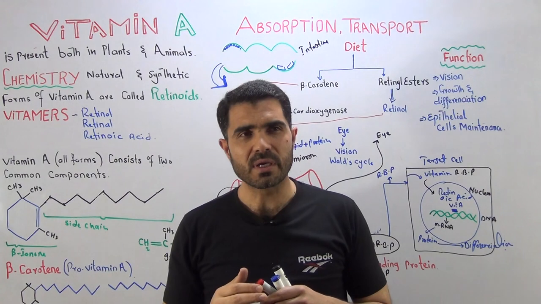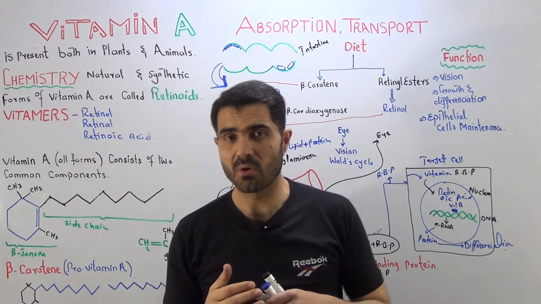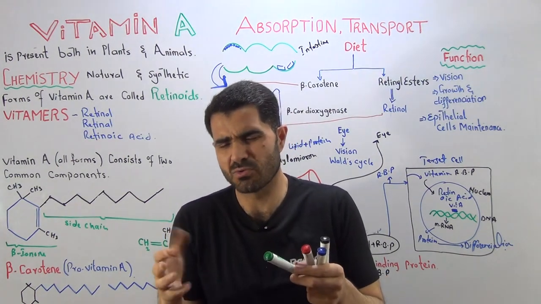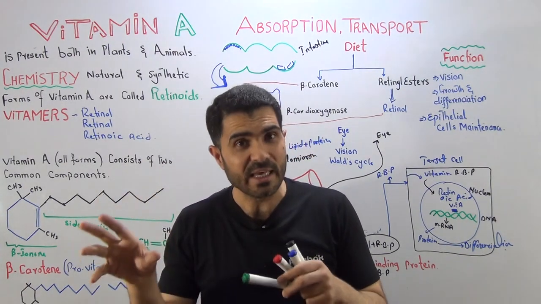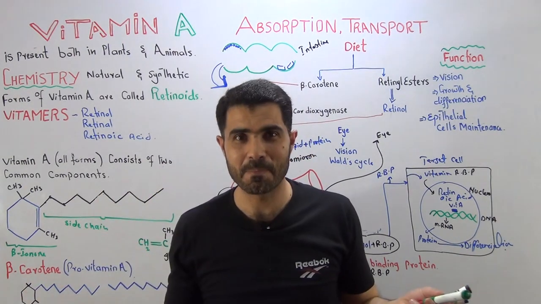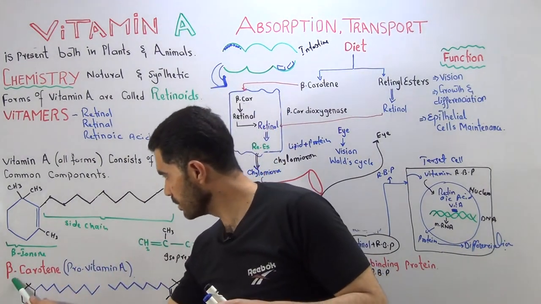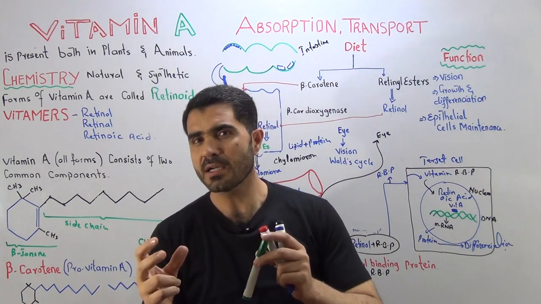In animals, you can call it just vitamin A, or some kind of ester form of vitamin A. Simply, there is no special name for it. But in the case of plants, vitamin A has a special name, that is called beta carotene. So what is the definition of beta carotene?